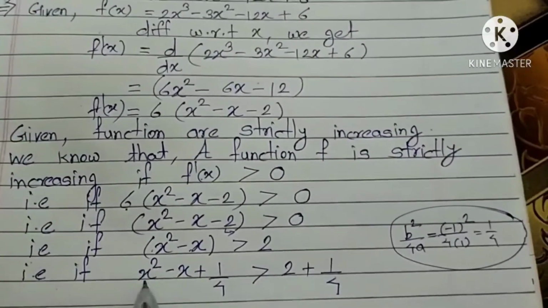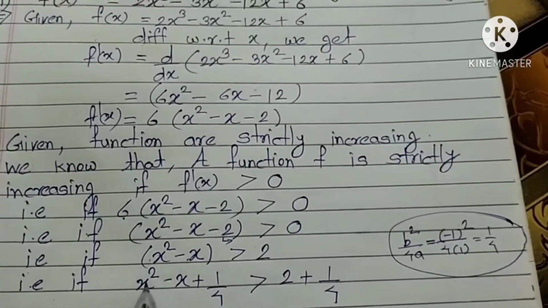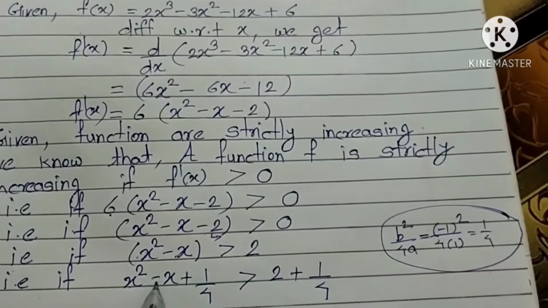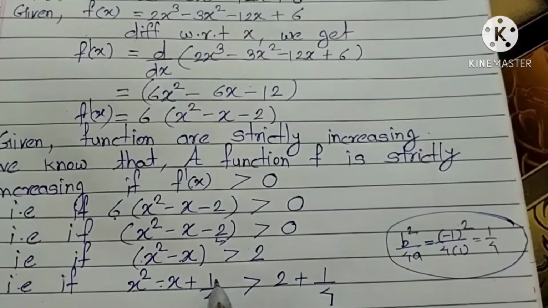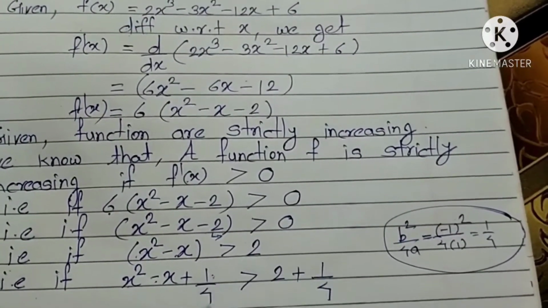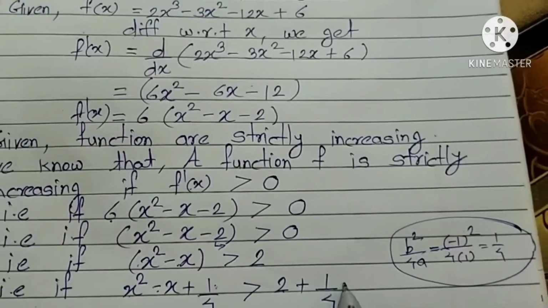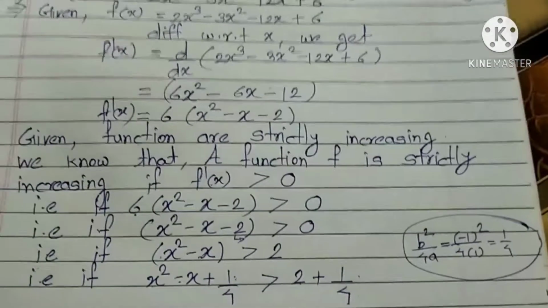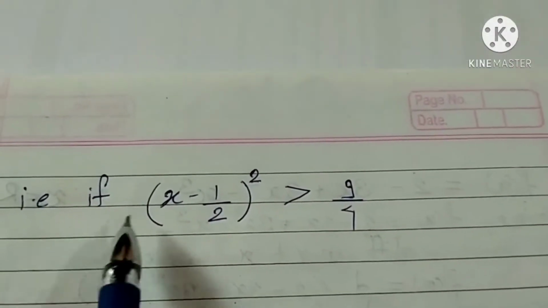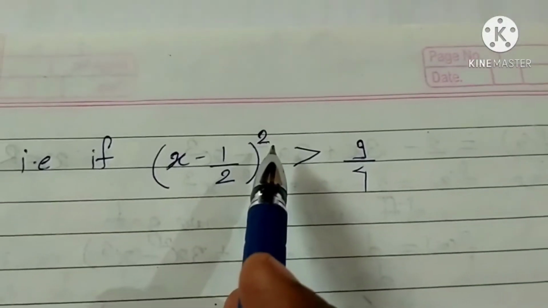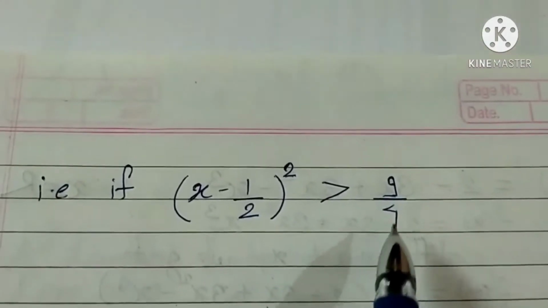Okay. Now square root of x square is x, negative sign, and this square root of this is 1 by 2, so whole square, and this is 4 into 2 is 8, 8 plus 1 is 9, so we get 9 by 4. So that is if x minus 1 by 2 whole square is greater than 9 upon 4.